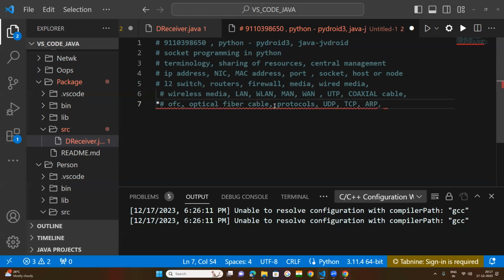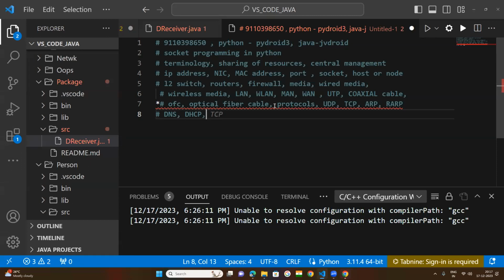ARP, address resolution protocol. RARP, reverse address resolution protocol. Next, DNS, domain name system. Somewhere you can find it as domain name service. DHCP, dynamic host configuration protocol.